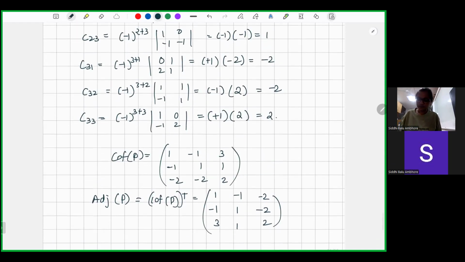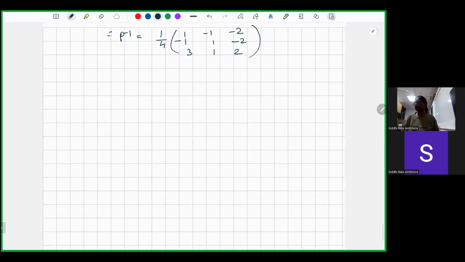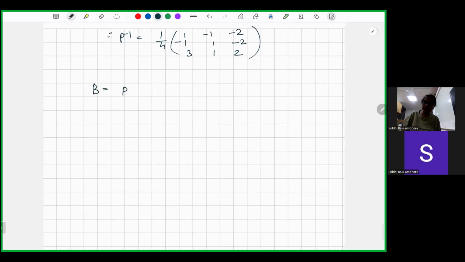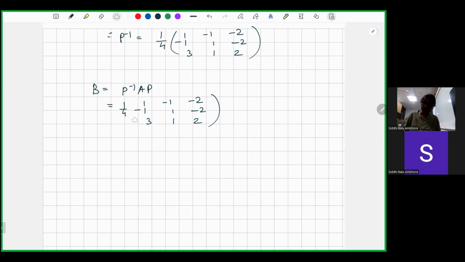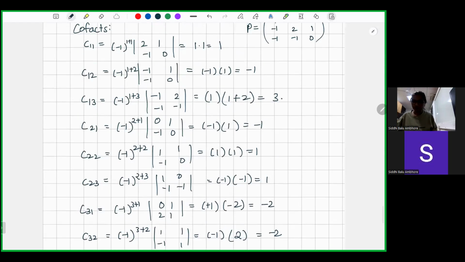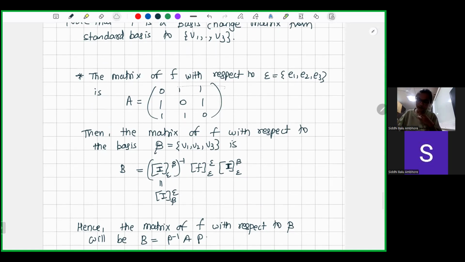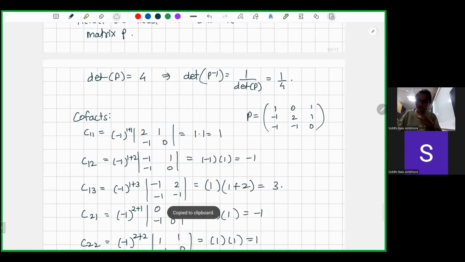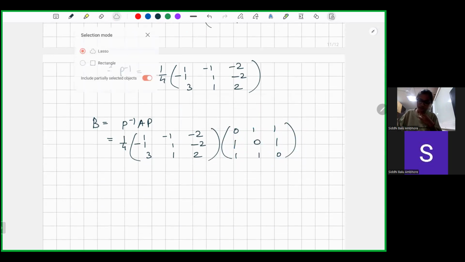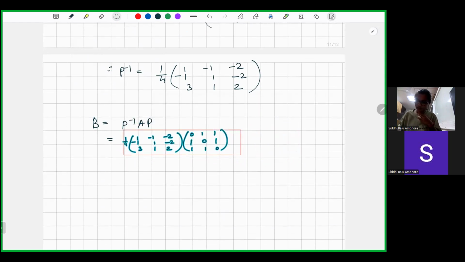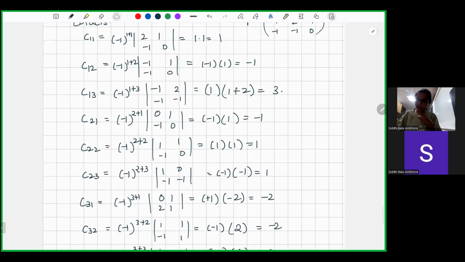Okay, so this B is my P inverse AP. That is 1 by 4 this matrix into A, and I have P here.